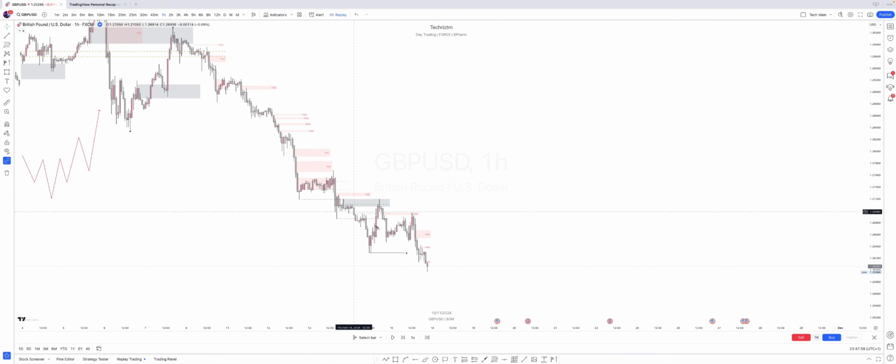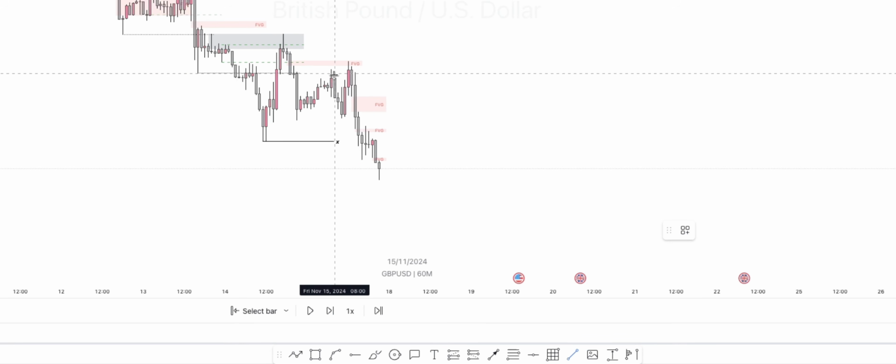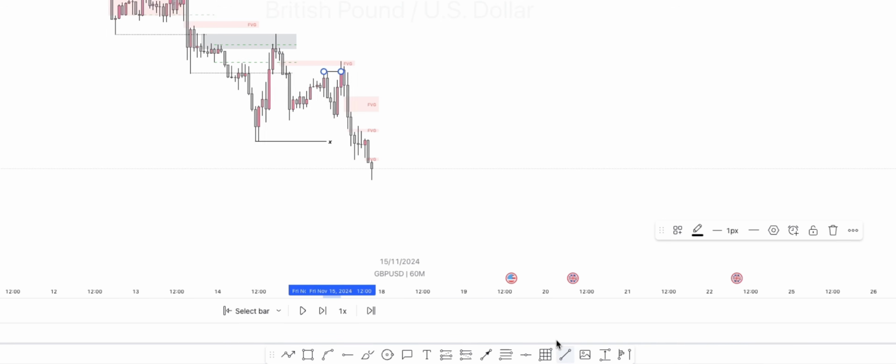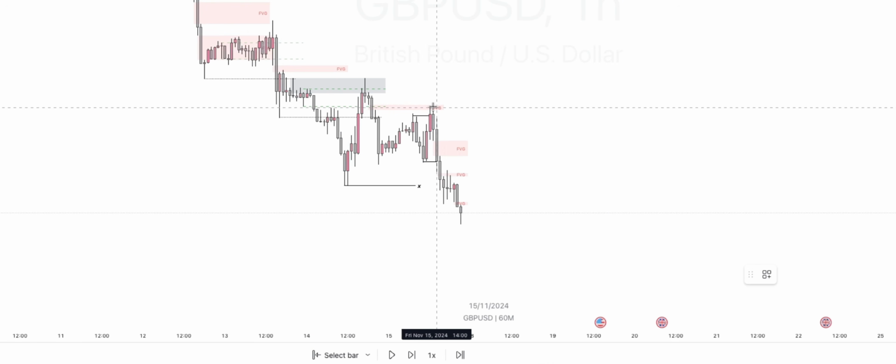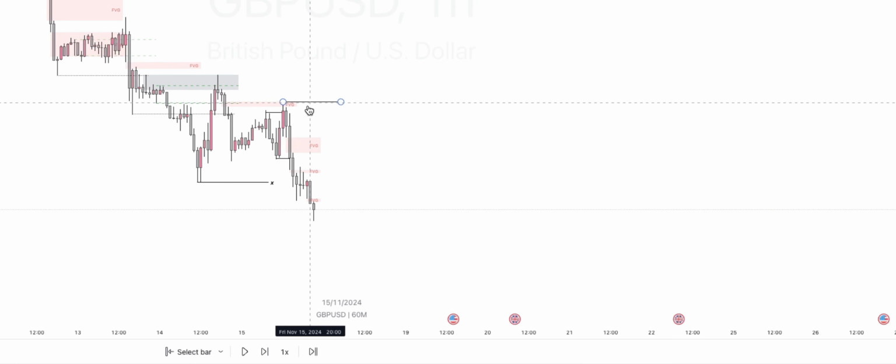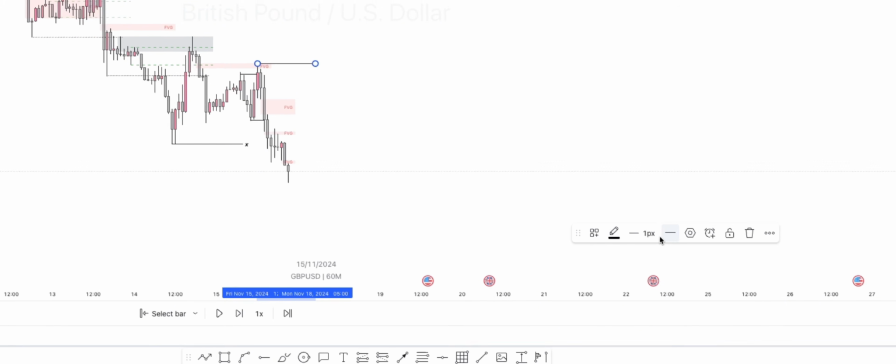So having this break and this incomplete pullback here, this is MSU. You have a fake break of structure, which would now provide us towards this level as an inducement, right? Now this level is what's inducing price.